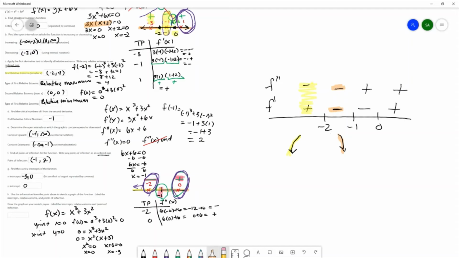In the next section, we have the first derivative negative, which is decreasing, and the second derivative positive, which is concave up. I'll draw a concave up parabola, and I want to choose the decreasing side. And the decreasing side is this side here. We get rid of the increasing side.